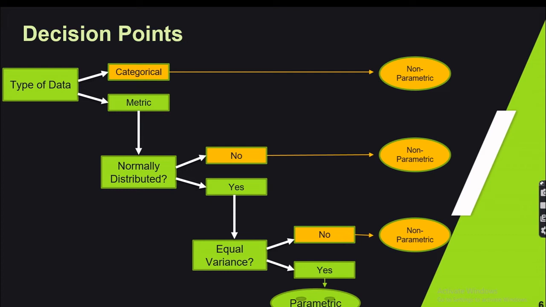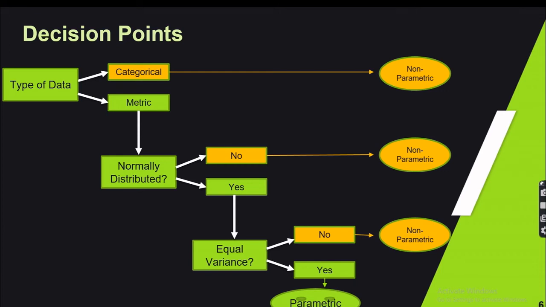So, if the data you have are categorical or qualitative in nature, then we can use a non-parametric test, but we should not use a parametric test. If you confirm that your data is quantitative in nature, that is interval or scale kind of data, then we call it metric data. Then you are eligible to check the second assumption, that is normal distribution.